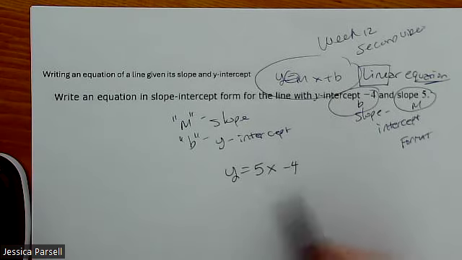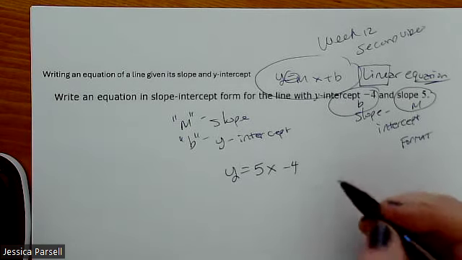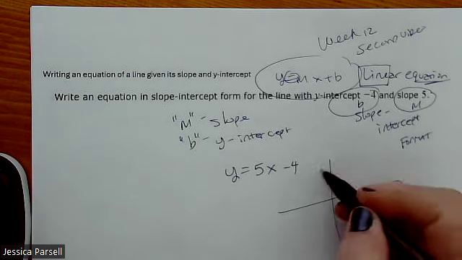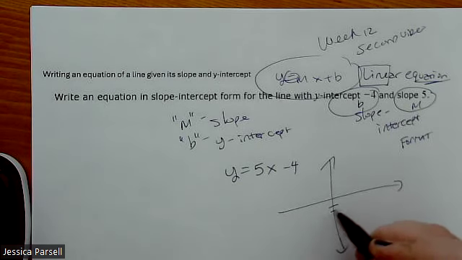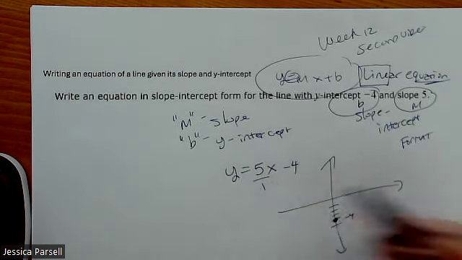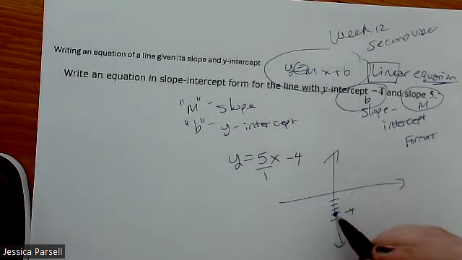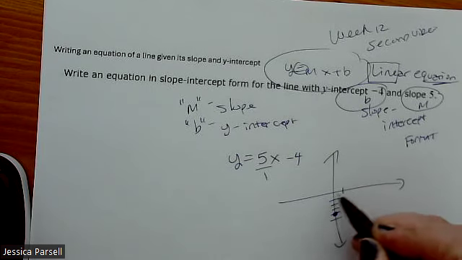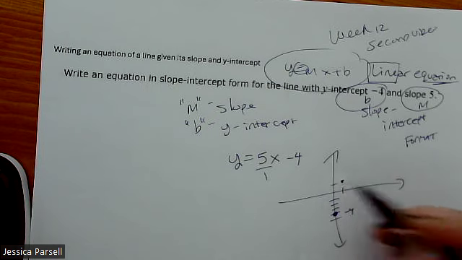And if you were to put this into a graphing calculator and graph this, it would create a straight line, and it would be a straight line that would cross the y-axis at -4. And your slope would actually be up 5: 1, 2, 3, 4, 5, and over 1.